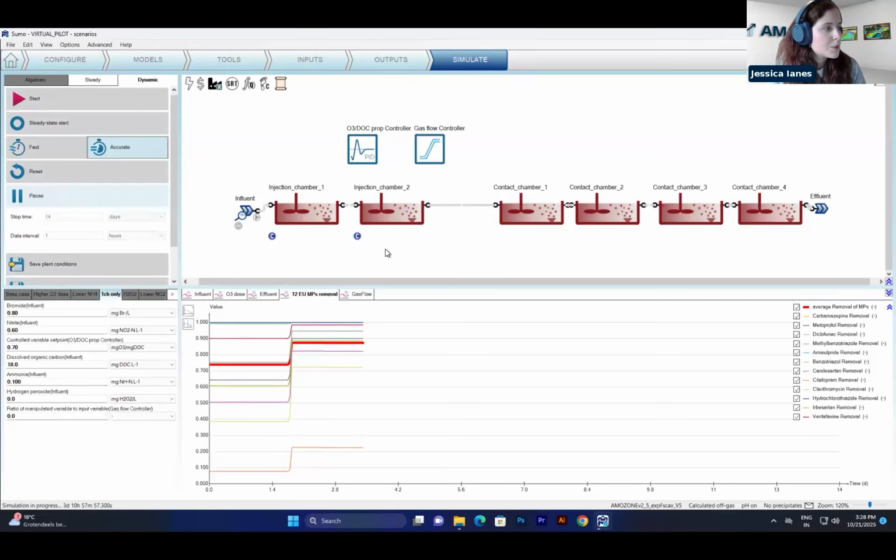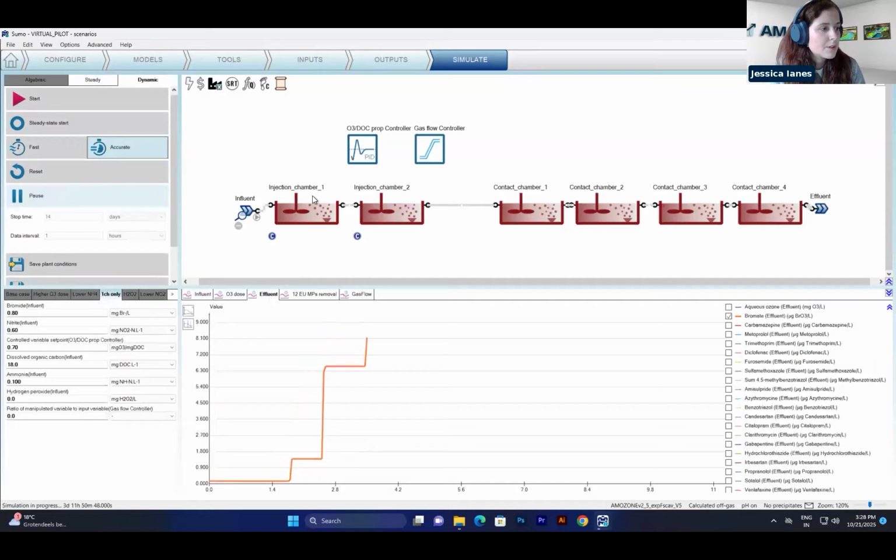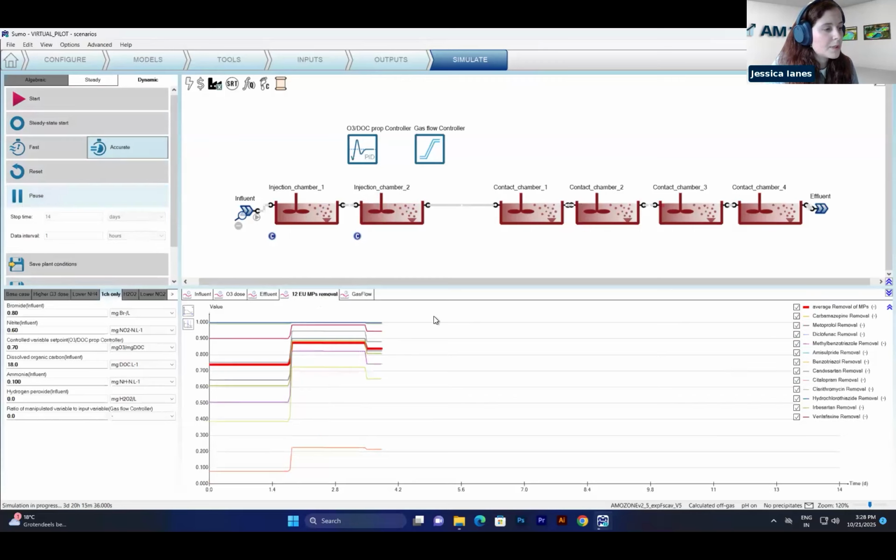So you switch off your second injection chamber and you only have the first one active. And this brings a local higher ozone concentration and turns into a higher bromate formation. We also see a reduction of micropollutant removal due to less contact time between ozone and the micropollutants.